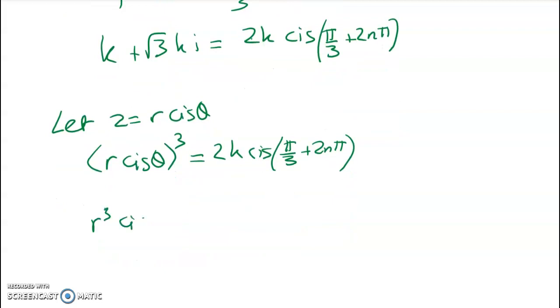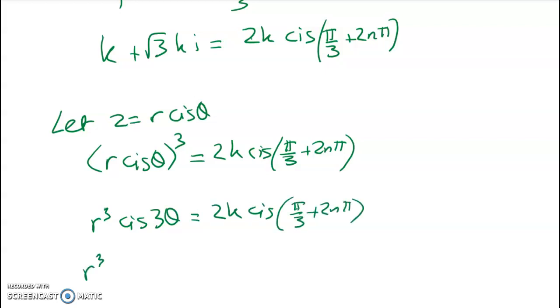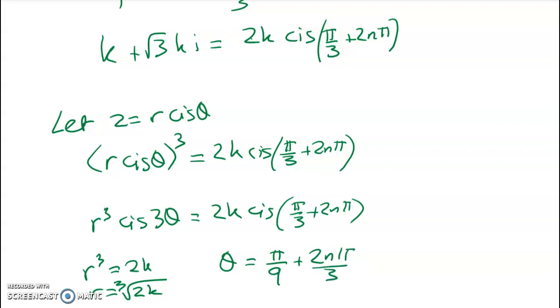So r cubed cis 3 theta is equal to this. R cubed is equal to 2k, so r is equal to the cube root of 2k, and theta is equal to pi on 9 plus 2n pi on 3, right? So what I'm doing there is I'm just matching up the 3 theta with all of that.